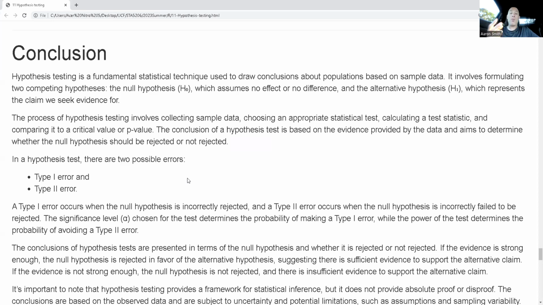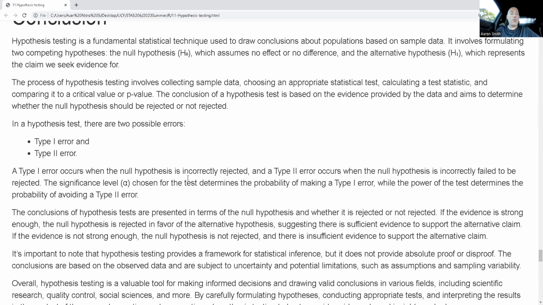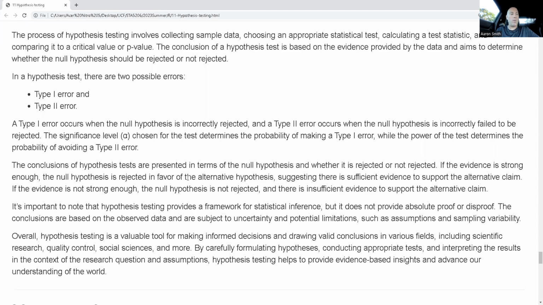In a type 2 error, the alternative is correct, but we failed to reject the null hypothesis. The significance level chosen for the test determines the probability of making a type 1 error, while the power of the test determines the probability of making a type 2 error. That's not 100% correct, but close enough.